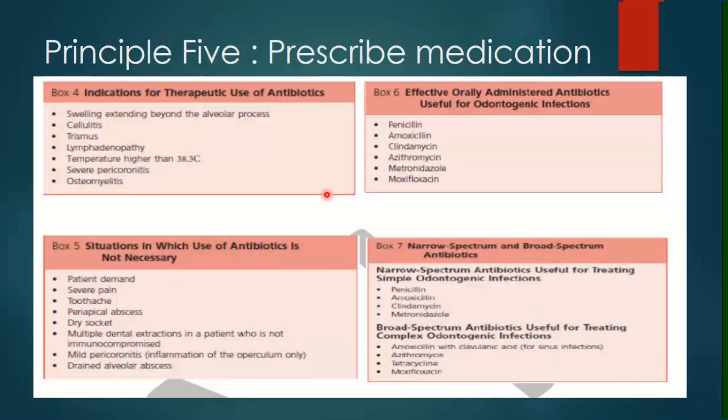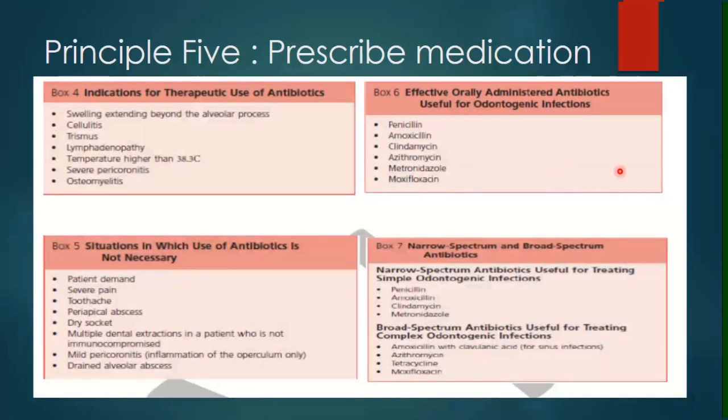What are the best antibiotics available in the dental field: number 1, penicillin; number 2, amoxicillin; then clindamycin and azithromycin. If the patient is allergic to penicillin, I'm going to give him clindamycin or azithromycin. Metronidazole and moxifloxacin. The best combination is metronidazole and amoxicillin.